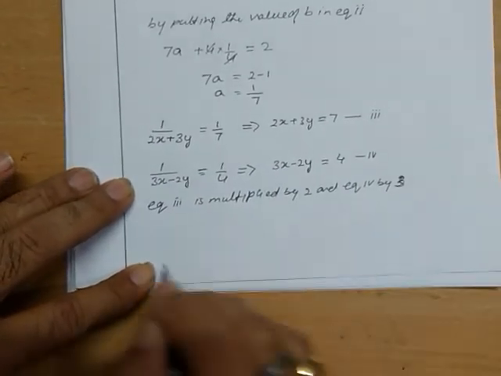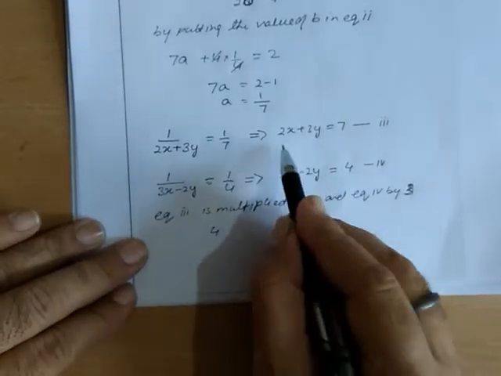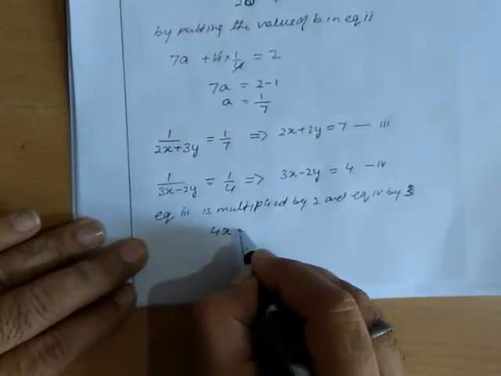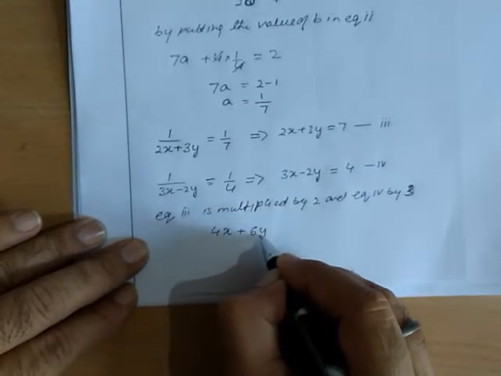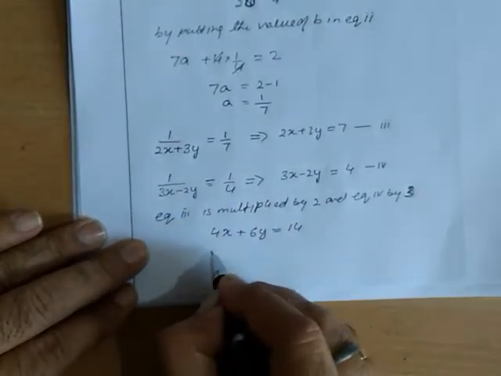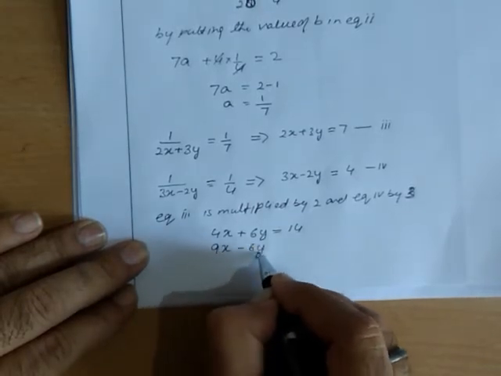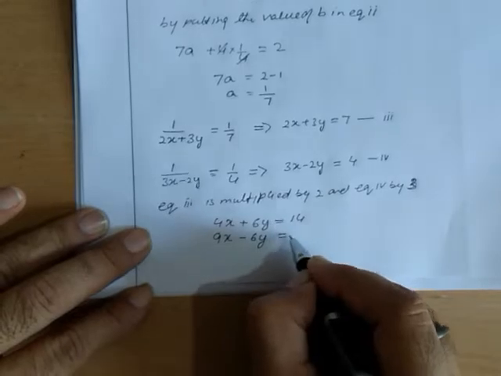When we multiply, we get 4x plus 6y is equal to 14, and 9x minus 6y is equal to 12.